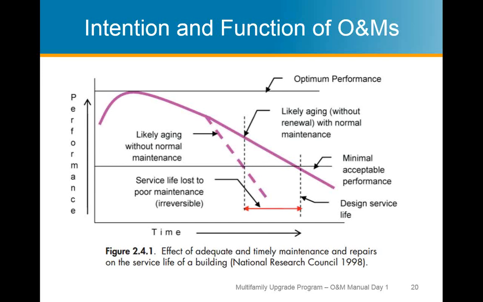If we do nothing, that purple line is going to intersect the minimal acceptable performance line in a couple of years. But if we have a robust O&M plan and O&M manual, that intersection could be 10, 15, 20 years from now. So it's our job, it's building managers, building engineers' jobs to make that point happen in the distant future as much as possible.